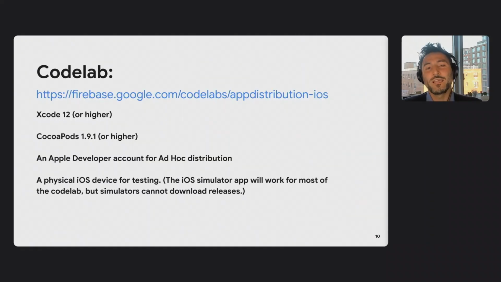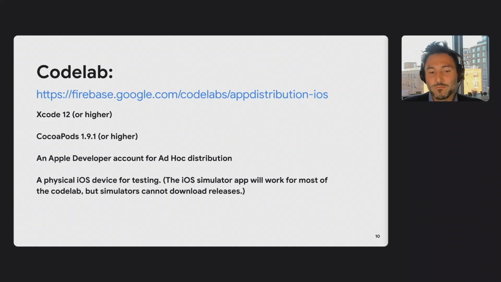All right, today in our workshop, we will be going through the code lab. If you want to go at your own pace, the code lab will be available here and later on firebase.google.com/codelabs/appdistribution-iOS.